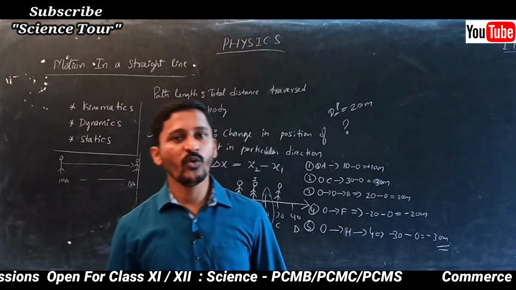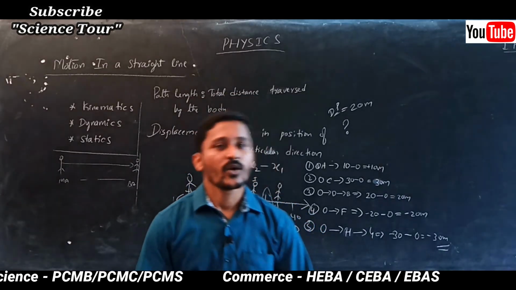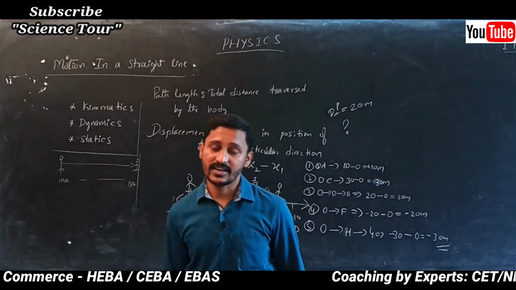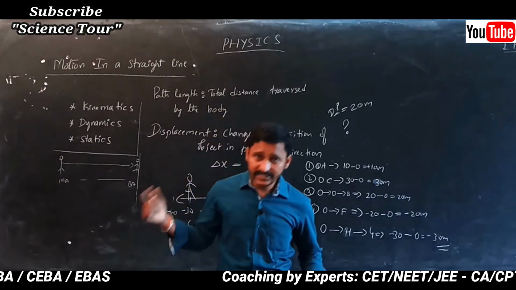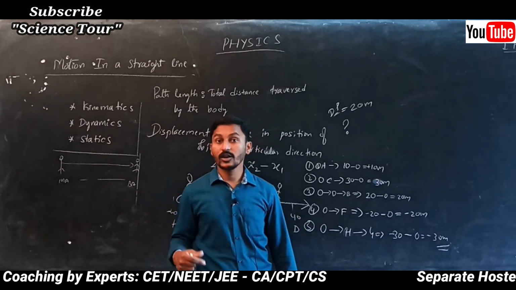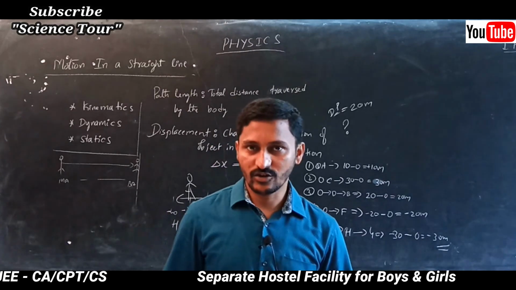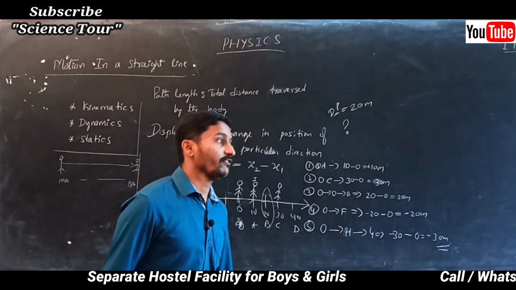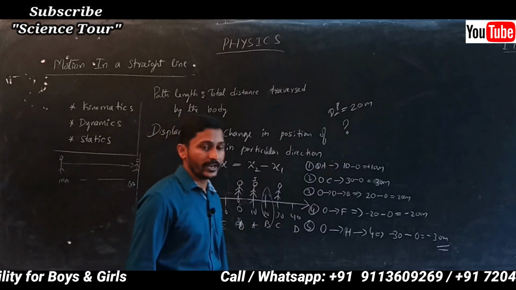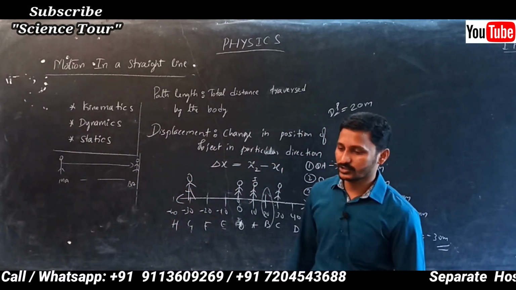So if I give any displacement, you can tell whether it is positive x-axis direction or negative x-axis direction, or whether it is to the right side of the initial point or to the left side of the initial point. That is the advantage of displacement. From that we can find out the exact position of the object.